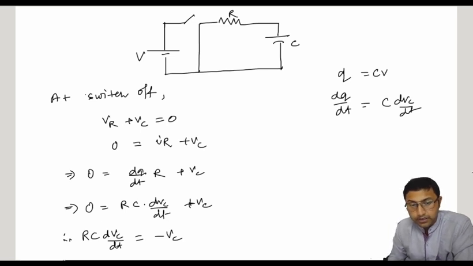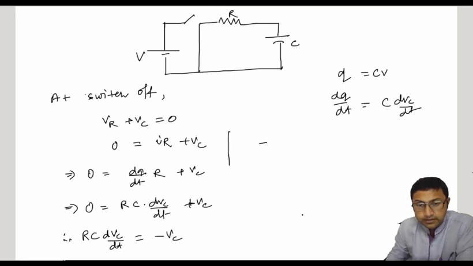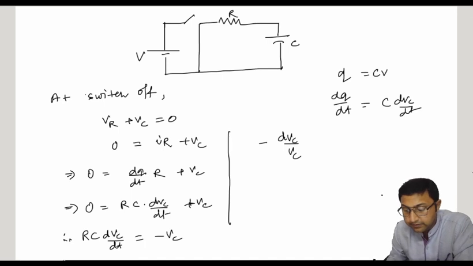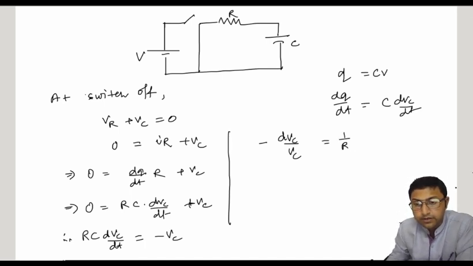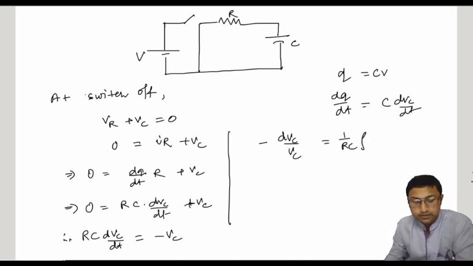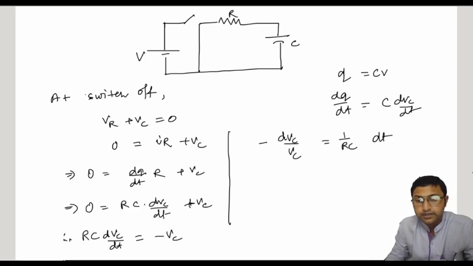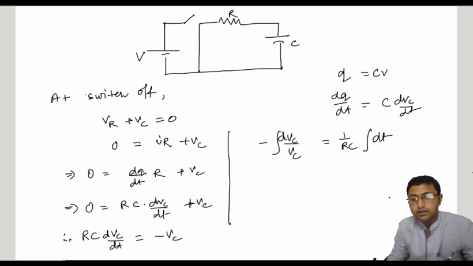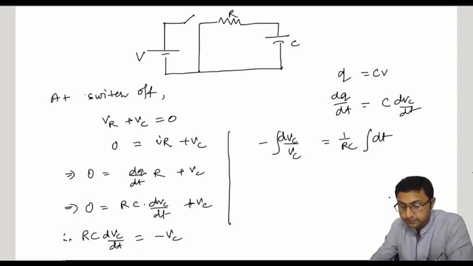Now, by arranging this portion, we can write minus dVc by Vc equal to 1 by RC dt, and take the integration on both sides.